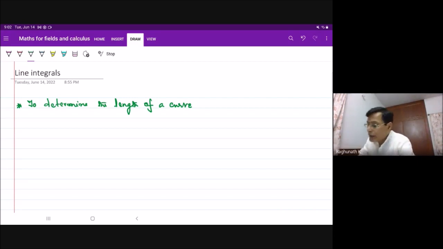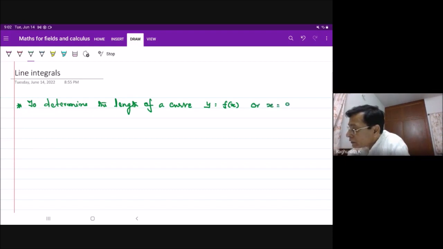Given by essentially y is equal to f of x or x is equal to g of y. It's a graph.